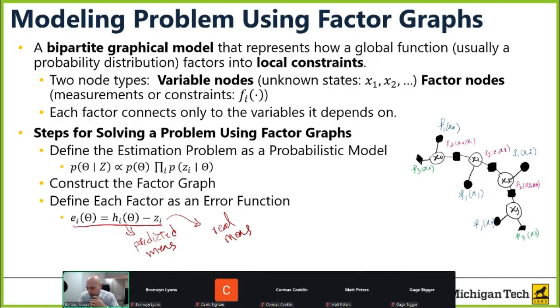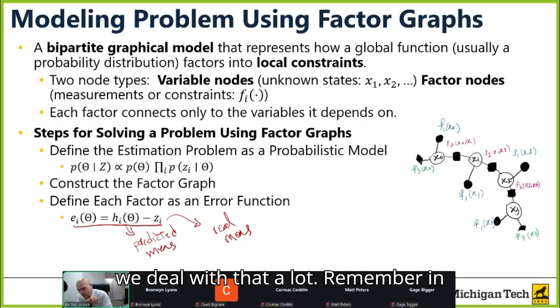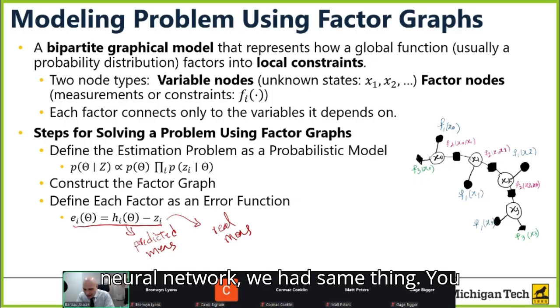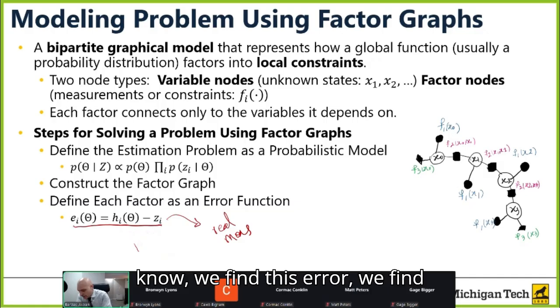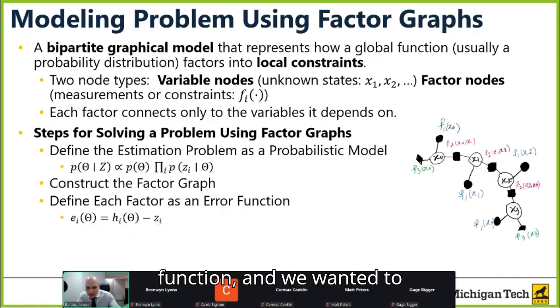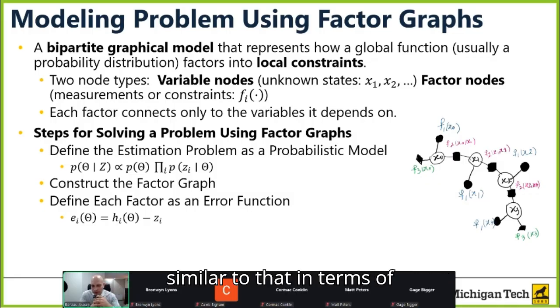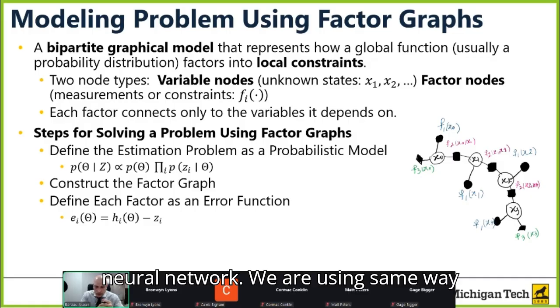We deal with that a lot. Remember, in neural networks we had the same thing. We find this error, which we call the cost function or loss function, and we wanted to minimize the loss. This method is very similar to that in terms of the optimization part, like the gradient descent method that you were using in neural networks.